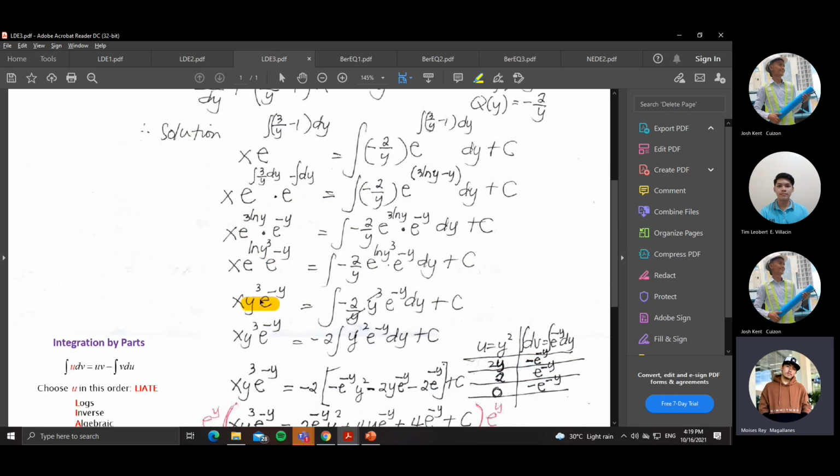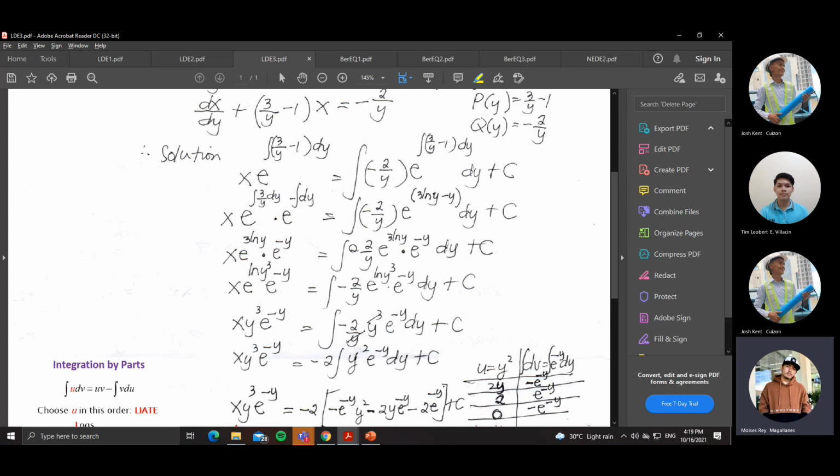So the answer is x y cubed e raised to the power of negative y, here on the right side.